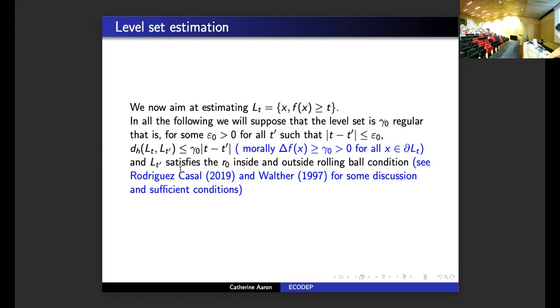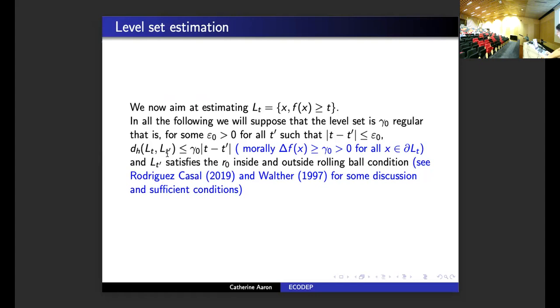We want the level set to be regular enough to have the rolling ball condition that I presented to you at the beginning. We want it not only at the level t we want to estimate, but in a small neighborhood of t. So for all t prime close enough to t, we have the same smoothness condition on all the level sets.